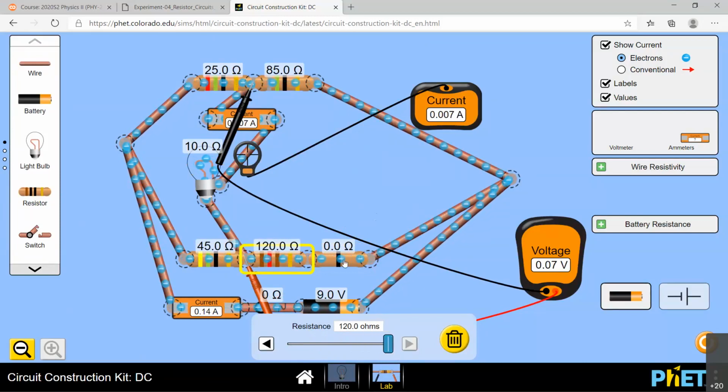Yep, you can go all the way to 120. Now let's increase this one slowly. Okay, as you see, as it increases, the voltage becomes 0 at around 33, so 153, correct.